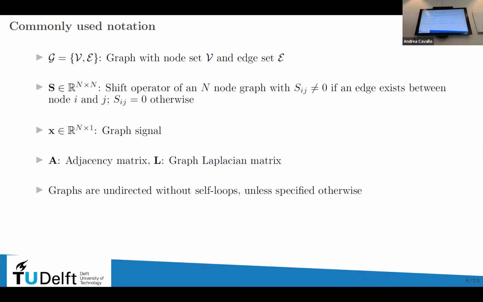Examples of S are of course your adjacency and Laplacian matrices. So they are all examples of shift operators. Unless specified otherwise, we have undirected graphs, and throughout we don't assume self loops. So we don't have any self loops whatsoever throughout the talk.